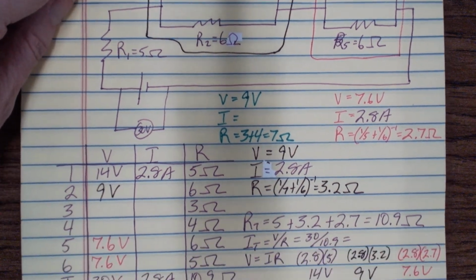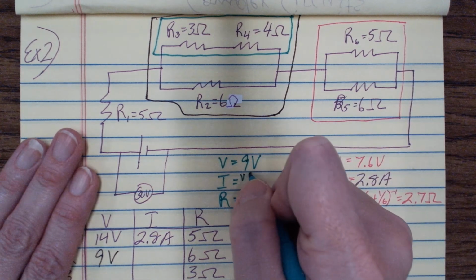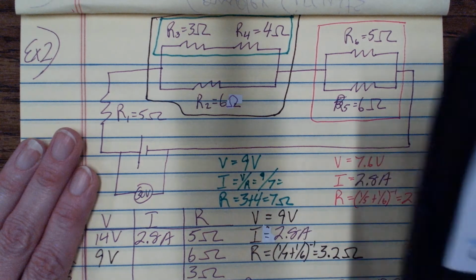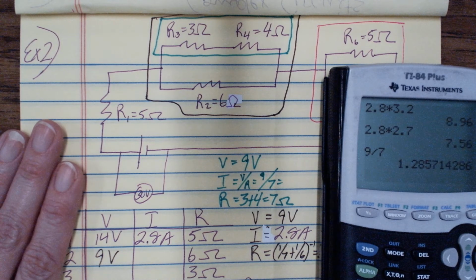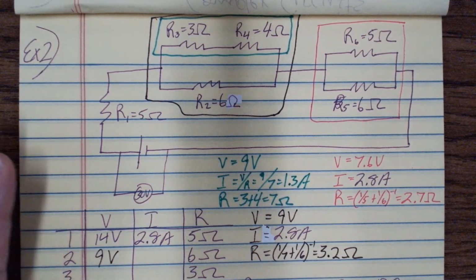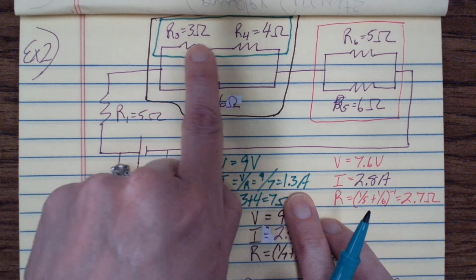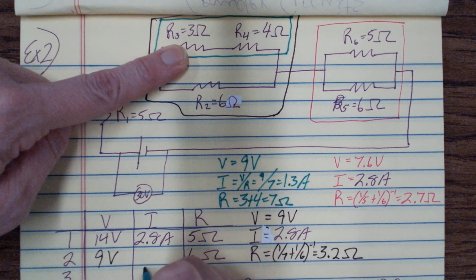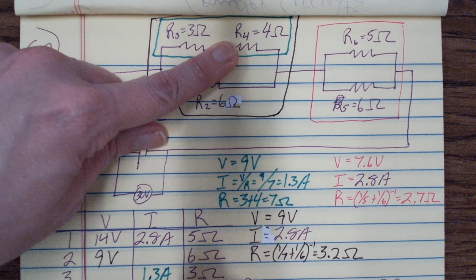So I equals V over R. So that's 9 over 7. So that's about 1.3 amps. Okay, so that means the current on both the things in the green box are the same. So the current on resistor 3 is 1.3 amps. And the current on resistor 4 is also 1.3 amps.